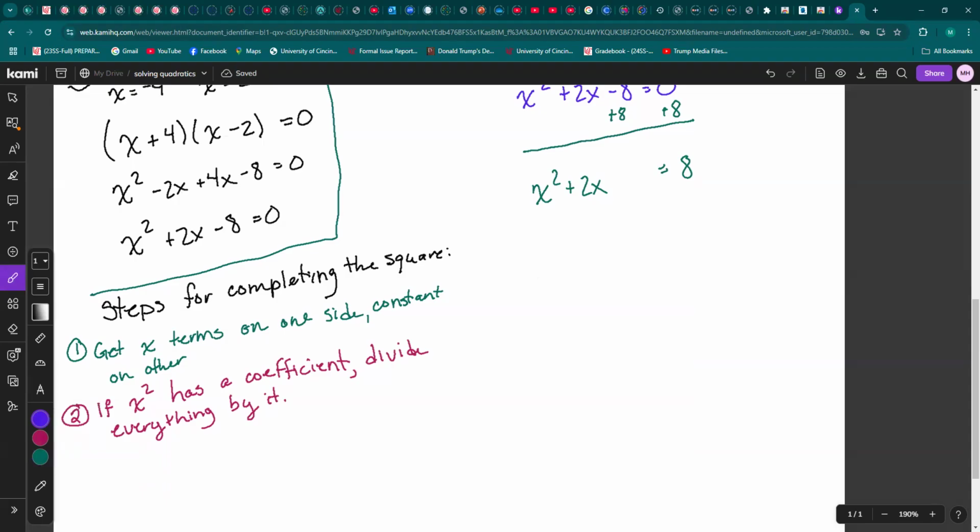All right, step 3. So I have a plain old x squared, I have a coefficient on the x, and I have an 8. So this is nothing that I can solve exactly right yet. So I'm going to take the coefficient of the x. Okay, we're going to divide it by 2 and square it.